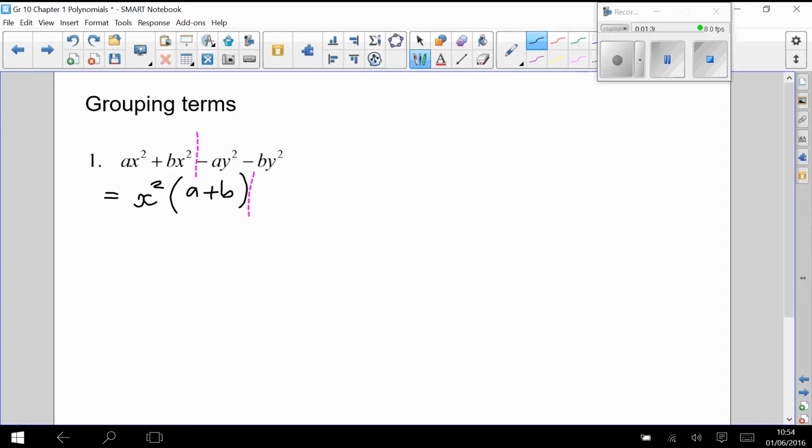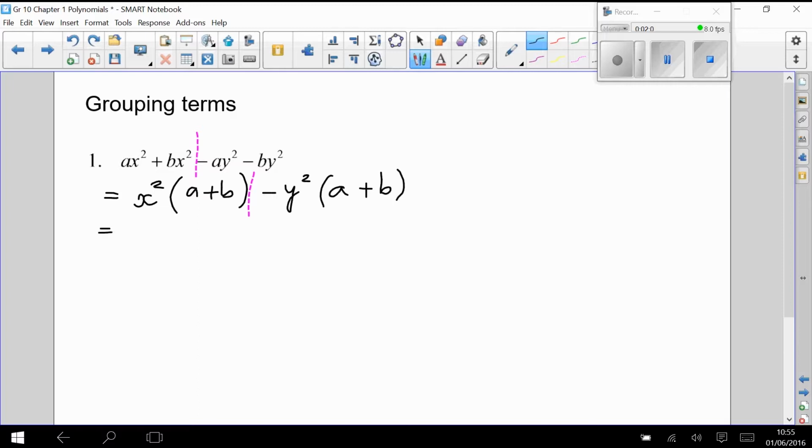The highest common factor that I'm going to take out here is not only just y squared, it's going to be minus y squared. And so the first term that's left over must change sign. As it was minus ay squared, it's going to be plus a left in the bracket. Similarly with the second term, it was a minus by squared. The sign must become the opposite because I took out a minus, so it's going to be plus b.